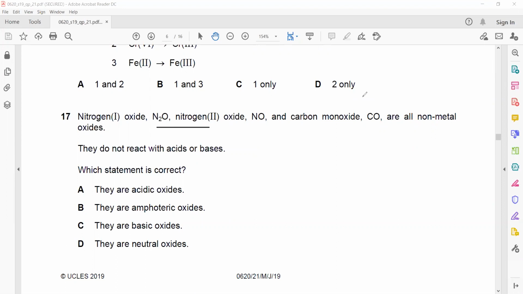They do not react with acid or bases. So if it does not react with acid or base, what do we call them? If an oxide does not react with acid or base, we call them neutral oxides.